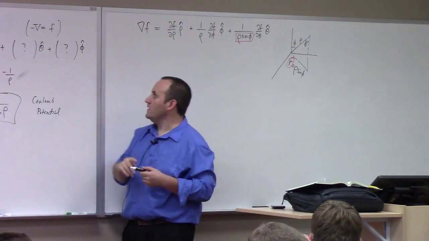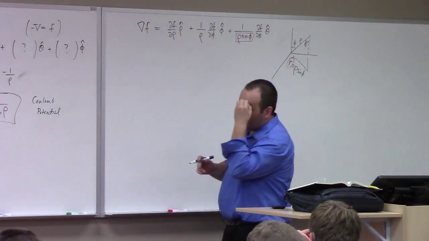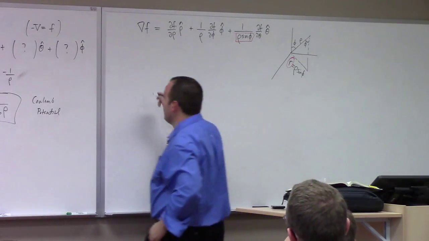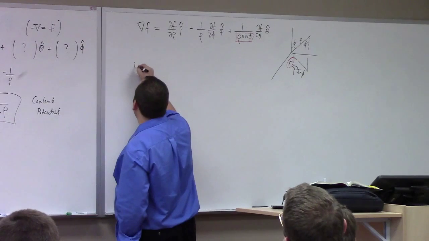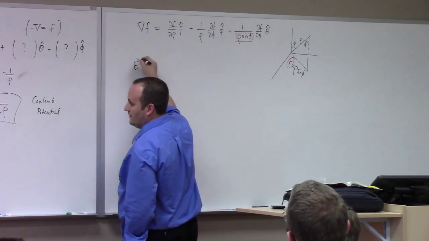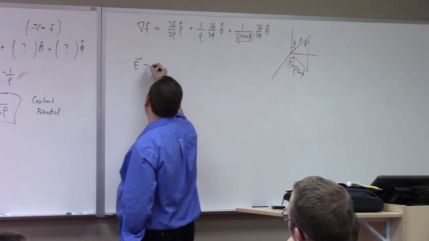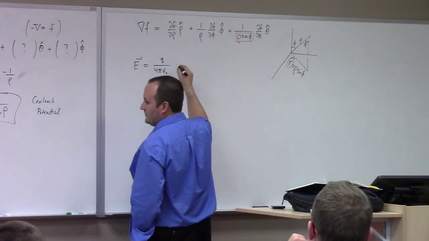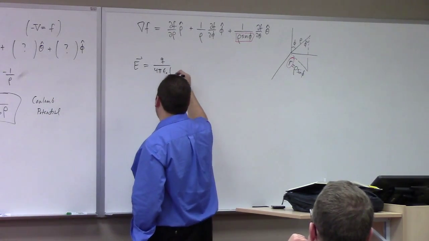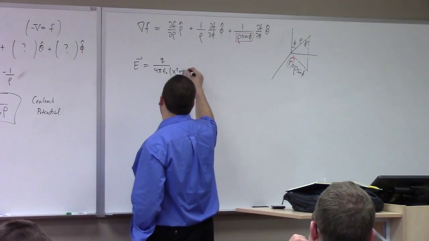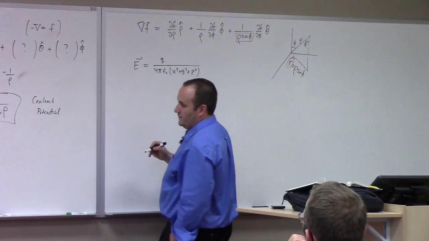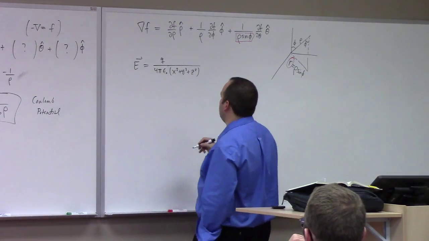Now, what if we were to attack this problem in terms of Cartesian coordinates? What would it have looked like? A mess? Yeah, our E would have been something like Q over 4 pi epsilon times x squared plus y squared plus z squared, right? Rho hat.